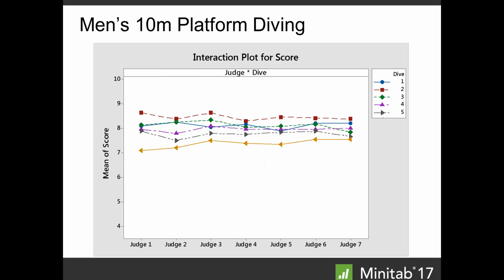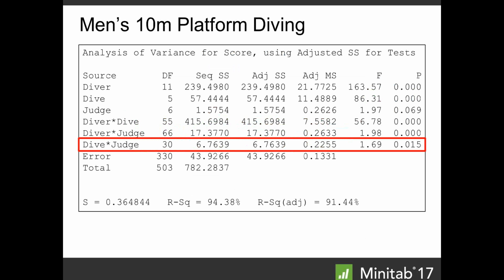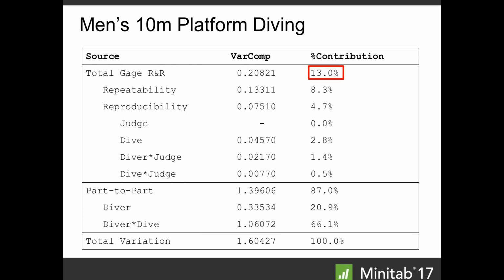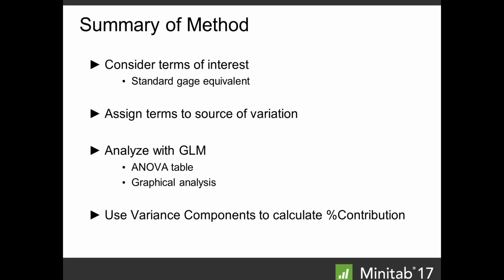Let me go back here. So we have an error line just below this red box here with adjusted MS and everything else. That error line, we make the assumption that there's no three-way interaction going on here, and that any error left over is the same pure error that you would get by replicating and testing that. So it's actually a really good question, and it is an assumption.